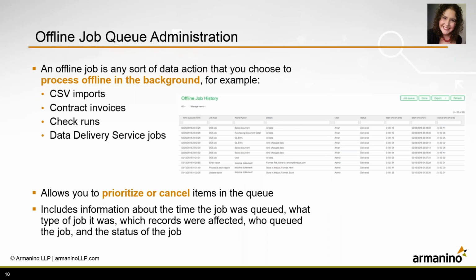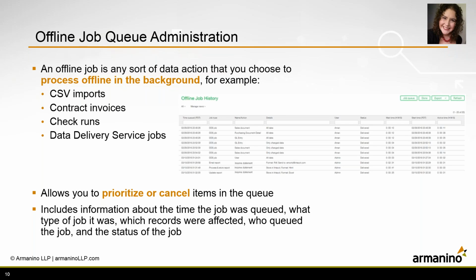So offline job queue administration. This option is going to be available to anybody that has a premium level of service of silver or higher. Everybody will have access to view the job queue administration, but if you would like to prioritize or cancel items in the queue, you do have to have that premium level of service.